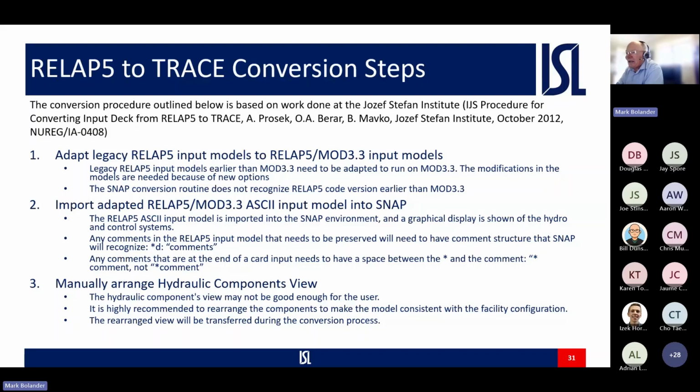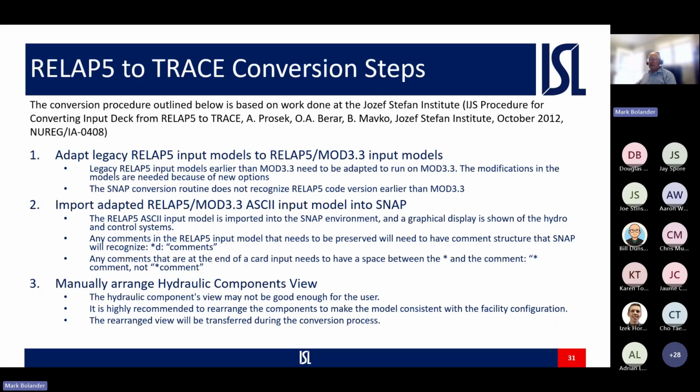The second one is you import your adapted RELAP5 ASCII model into SNAP. A couple of things here: the model is imported into the SNAP environment and a graphical display is shown of the hydro and control systems.